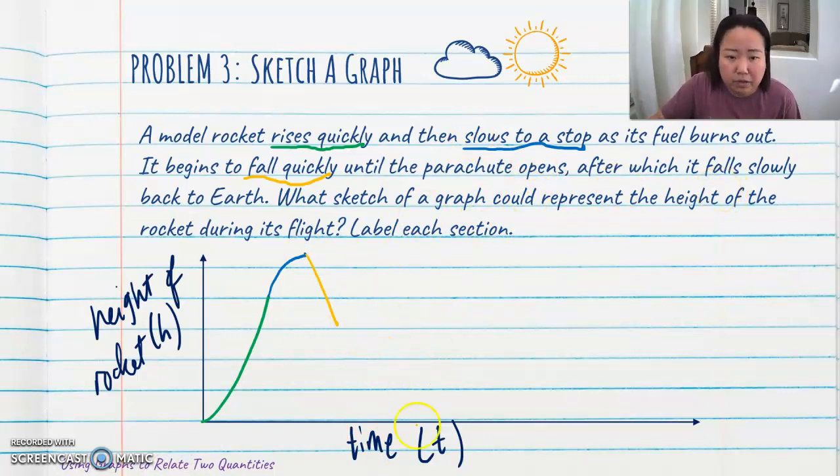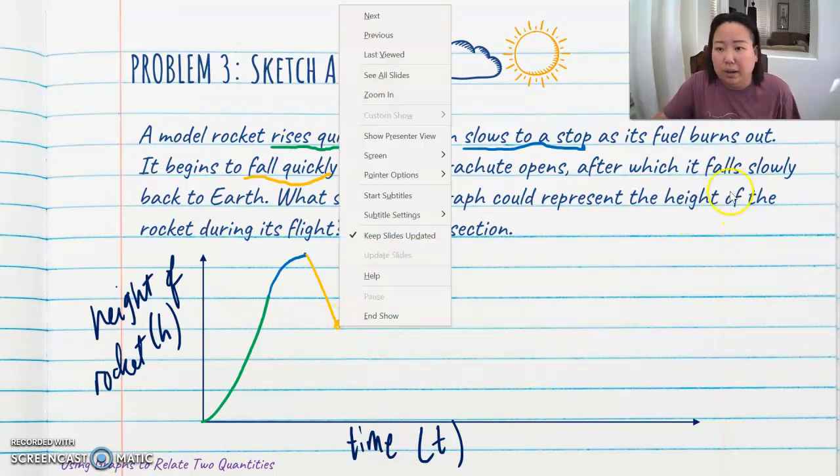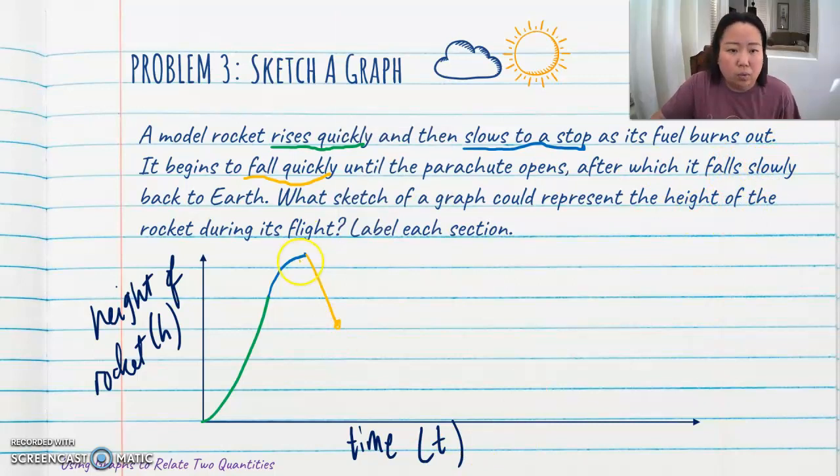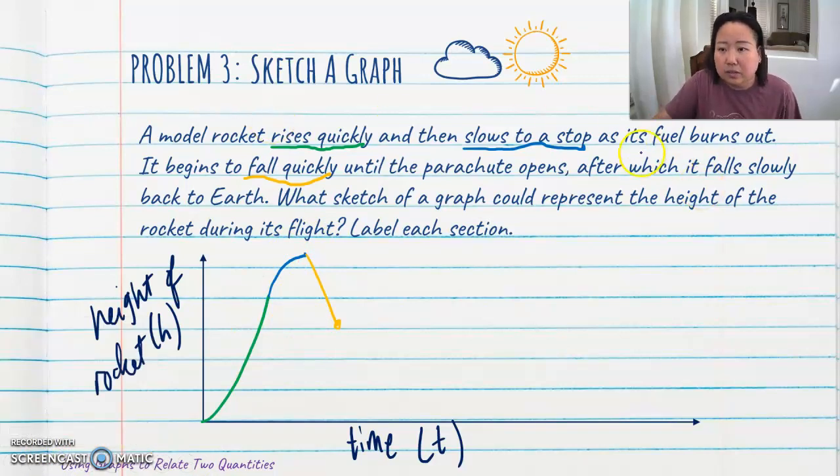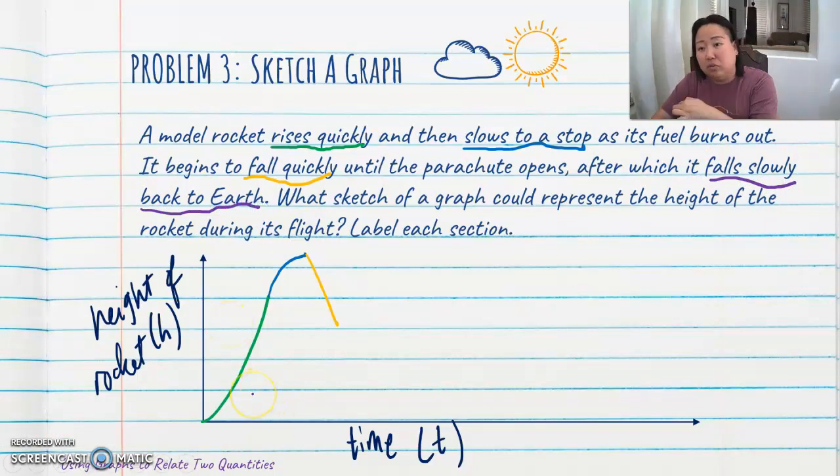So at a certain point, that parachute will open. So let's say it's gonna be somewhere here. And what will happen? It will fall slowly back to Earth. Okay, that's the important part there. It says falls slowly until it hits back to Earth, meaning what will be the end point? It will be going back to 0.